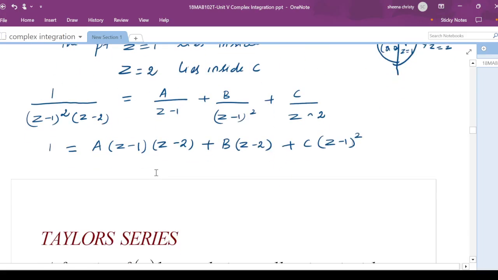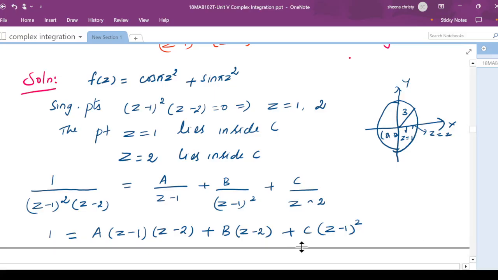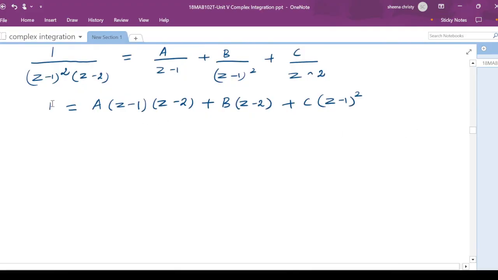Now put z equal to 1. If I am putting z equal to 1, 1 equal to, the first term is 0, second term you will get b into minus 1, third term is also 0, so this gives you b equal to minus 1.